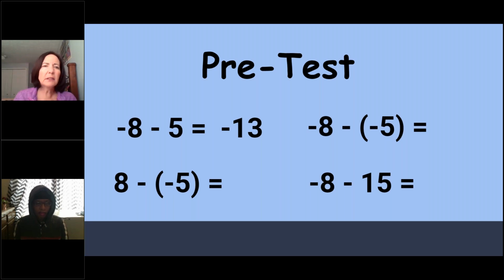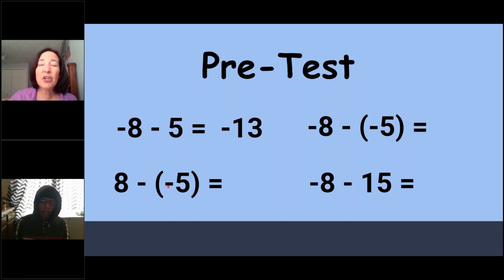But a long time ago, when I was a kid, when we wrote negative signs, we always wrote them raised. They were a little bit higher. But now that we have computer keyboards and we're typing, we use the exact same sign for subtraction as we do for negative numbers. So it gets confusing when we have to write minus a negative number.